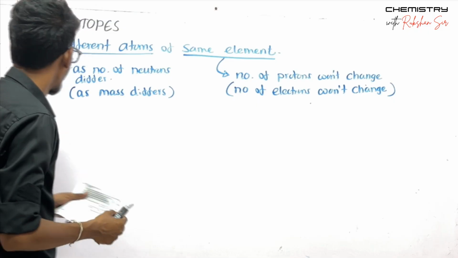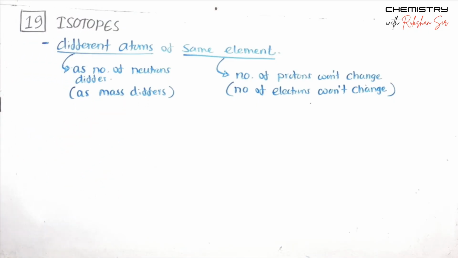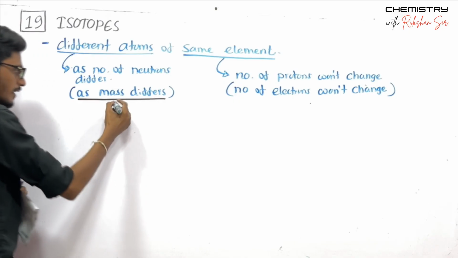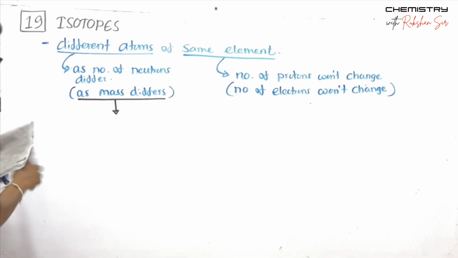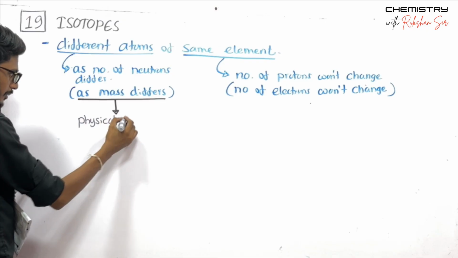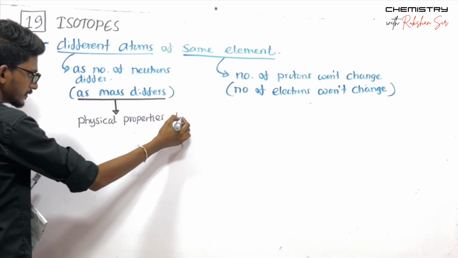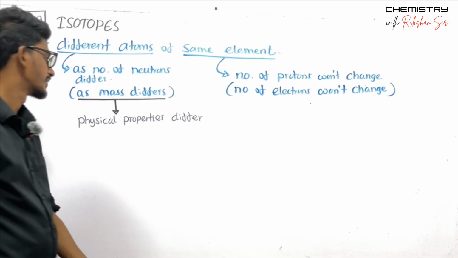So as mass differs, physical properties differ. Physical properties. Properties associated with the mass.